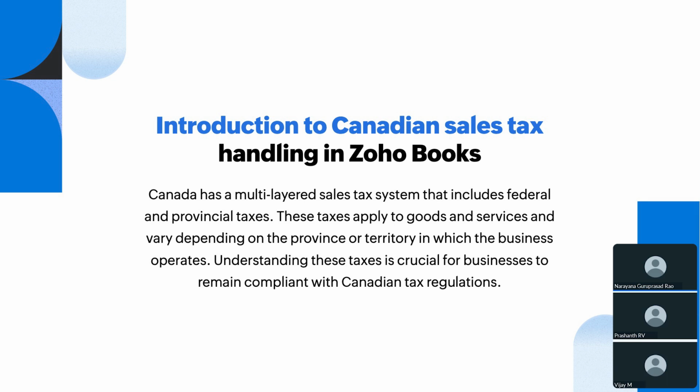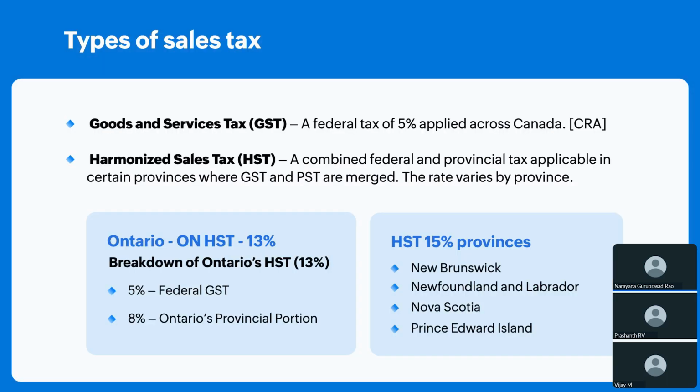Understanding these differences is essential for businesses to ensure compliance with Canadian tax regulations and avoid any penalties. In this session, we will go over how these taxes work and how to handle them effectively in Zoho Books. First, we will see the types of sales taxes in Zoho Books in Canada.